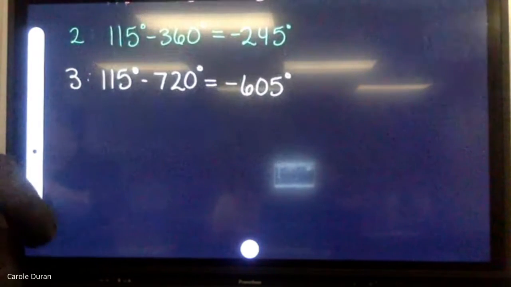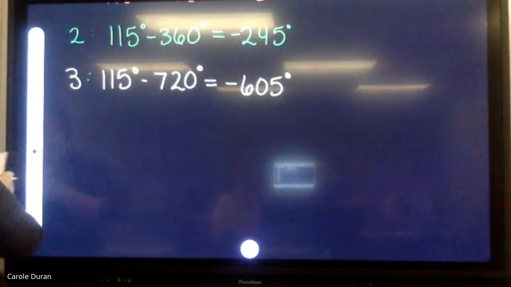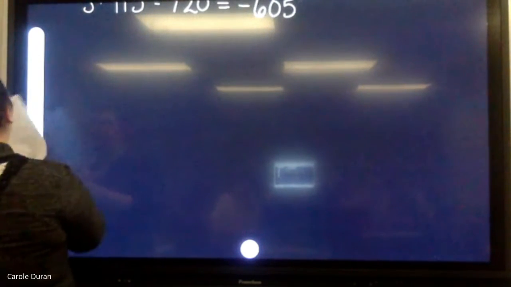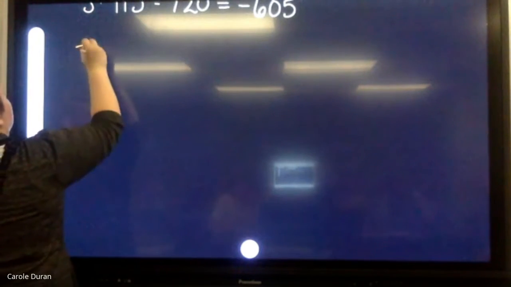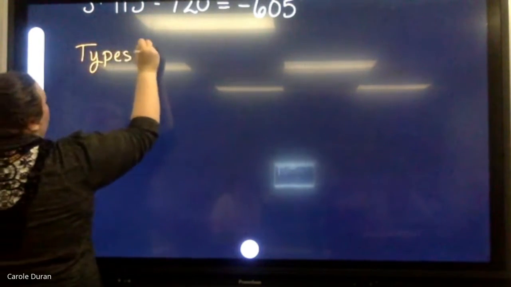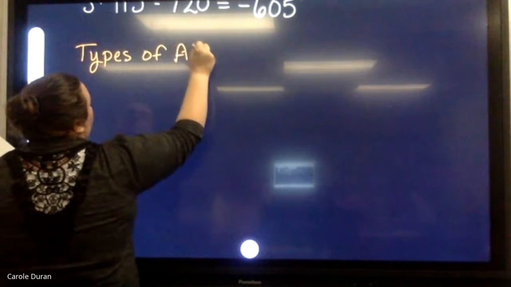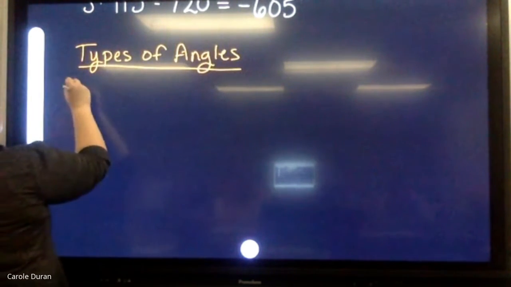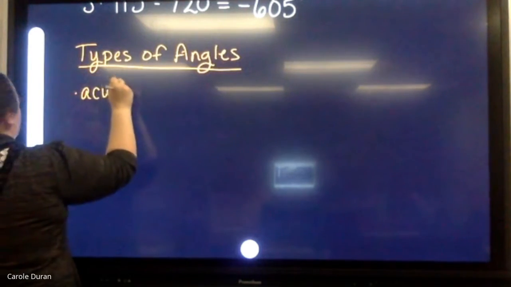Our last little bit of review are the different types of angles that we can have. So the first one is an acute angle.